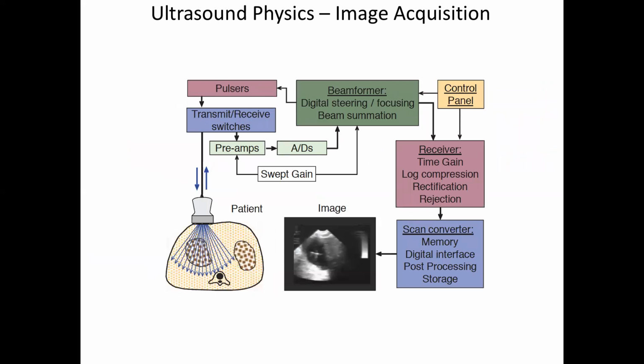Excuse me. So here's an overview of what goes on and how to make these pictures. The same diagram is also in the notes, basically the same labels on the boxes. And so we have some place where we're controlling gain, frequency, depth focusing, stuff like that.